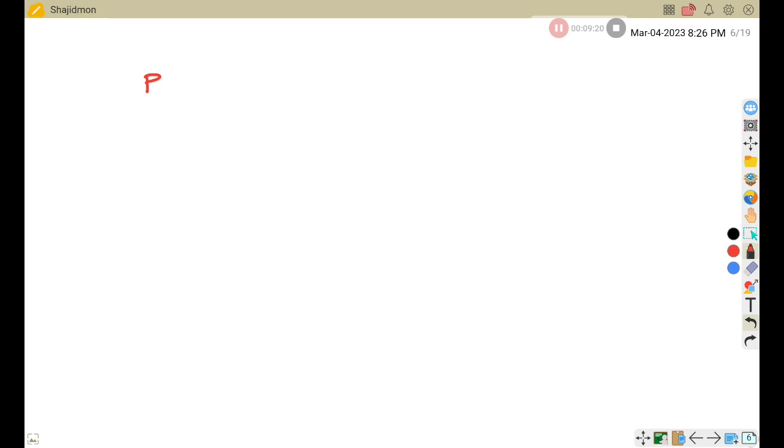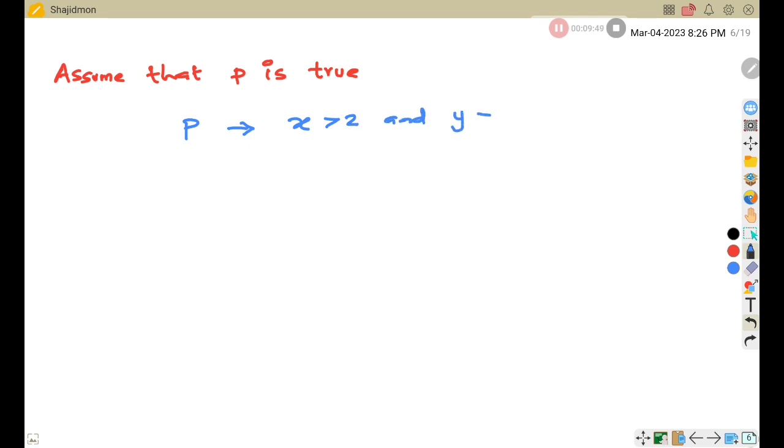So first, assume that P is true. That means I am starting from the P statement. What is P here? x greater than 2 and y greater than 3, correct?